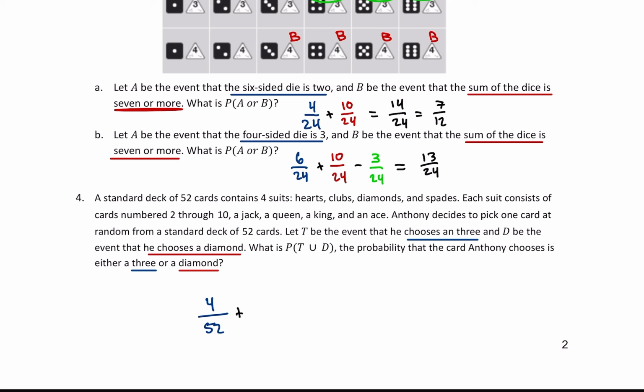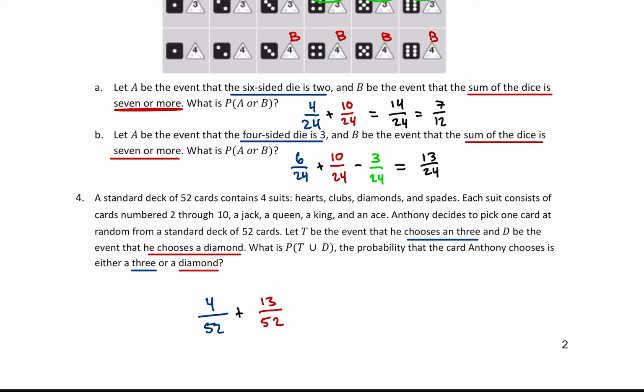He chooses a diamond. Well, how many diamonds are there? Okay, well, there's 52 cards and there's 4 suits. So if I do 52 divided by 4, that'll tell me how many is in each of these suits. Well, 52 divided by 4 is 13. Okay, so I have 13 out of my 52 cards that are diamonds.